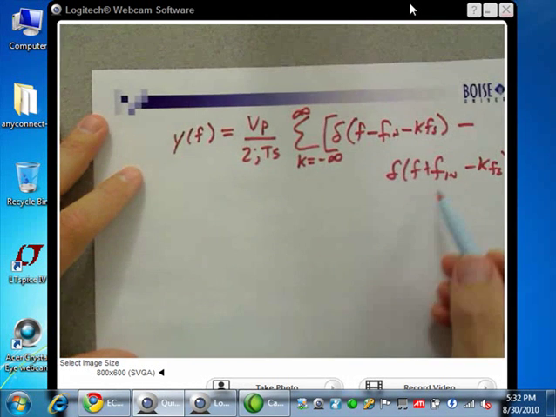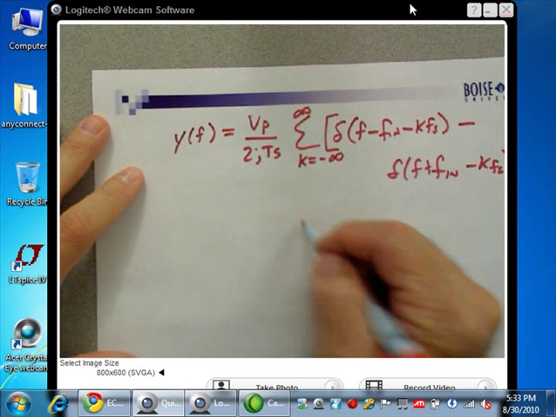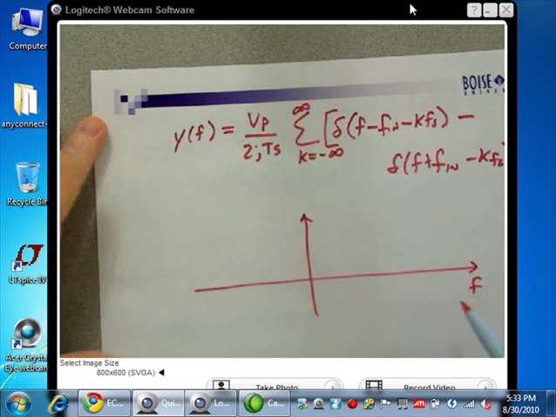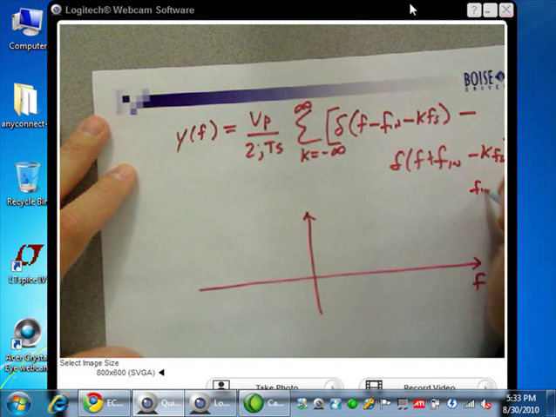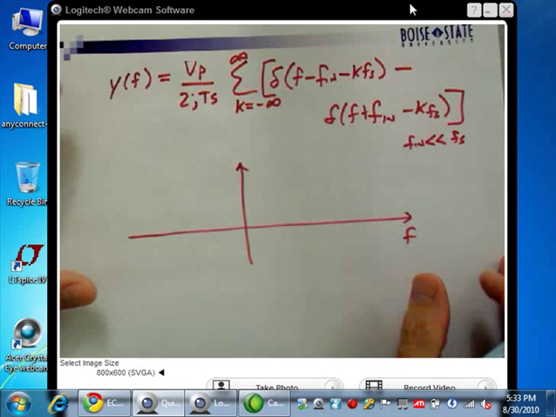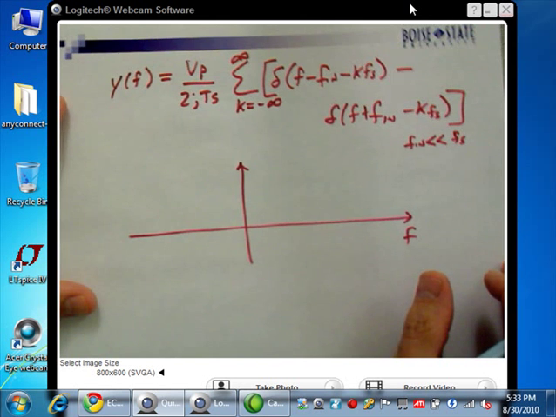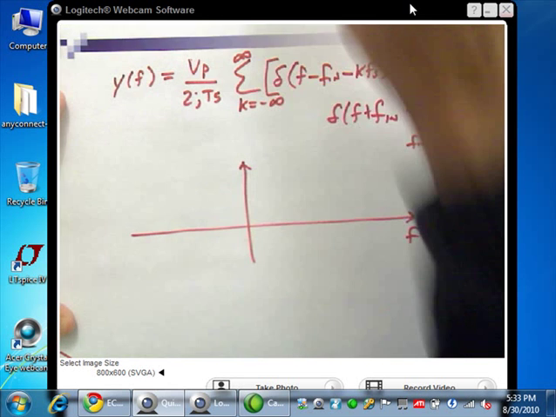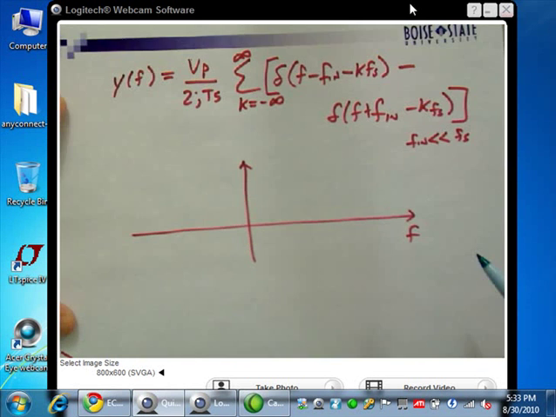Okay, so let's sketch the frequency spectrum. I'm going to assume that Fn is much, much less than Fs. So what point should I pick first?